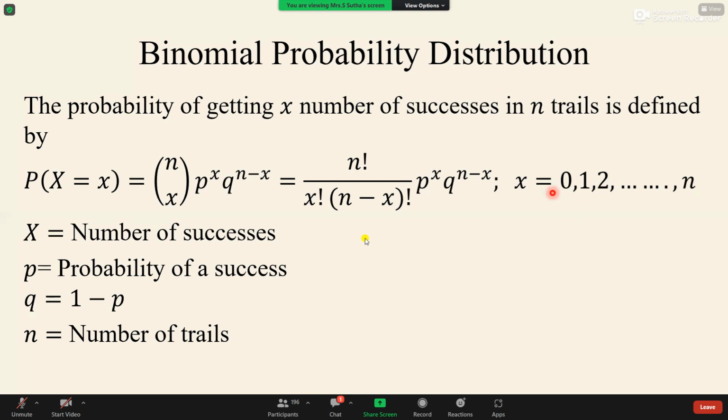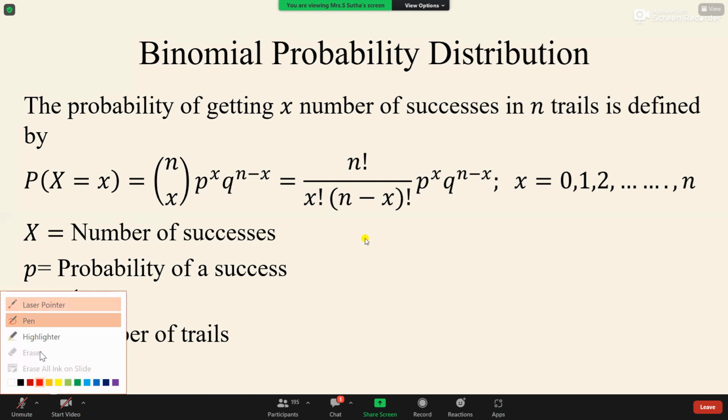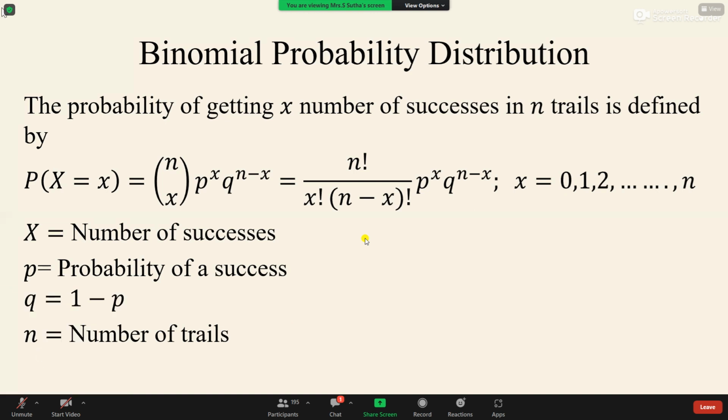Now for example, we are taking tossing a coin 2 times, right?